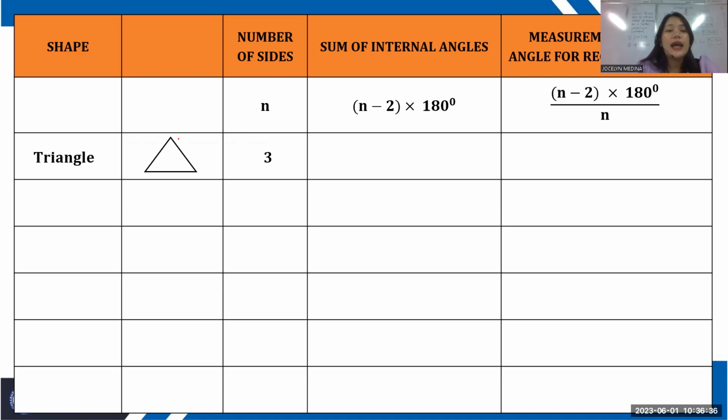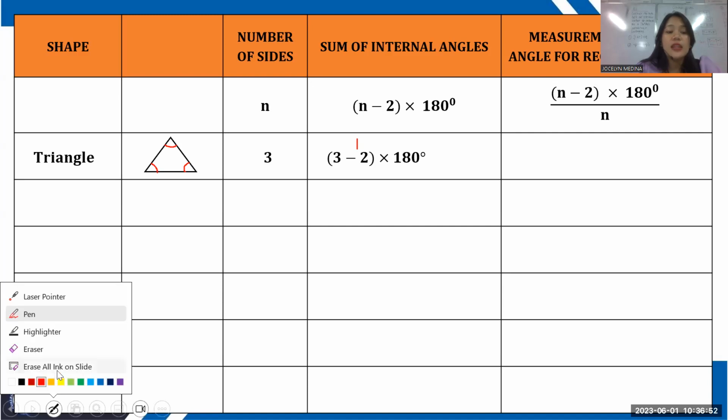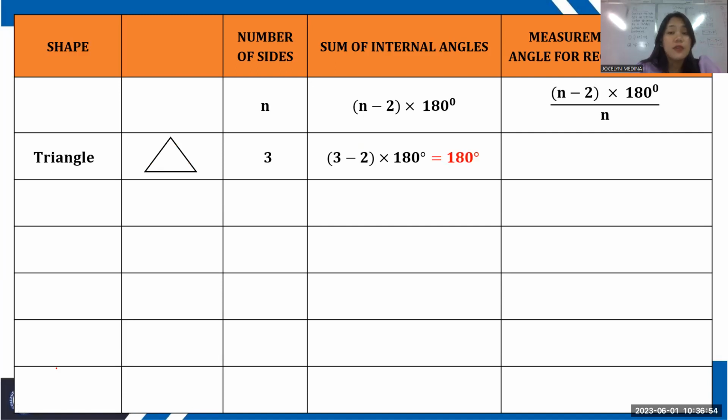Now, ilan lahat itong measurement ng ating interior angles? So, you're just gonna substitute. 3 minus 2 times 180, that's 1 times 180. So, ibig sabihin, the measurement of the inside of a triangle is 180 degrees. Lahat ng nasa loob. Okay?